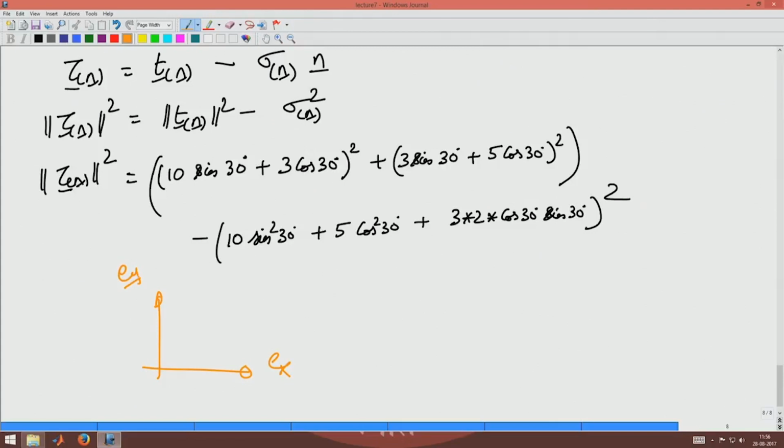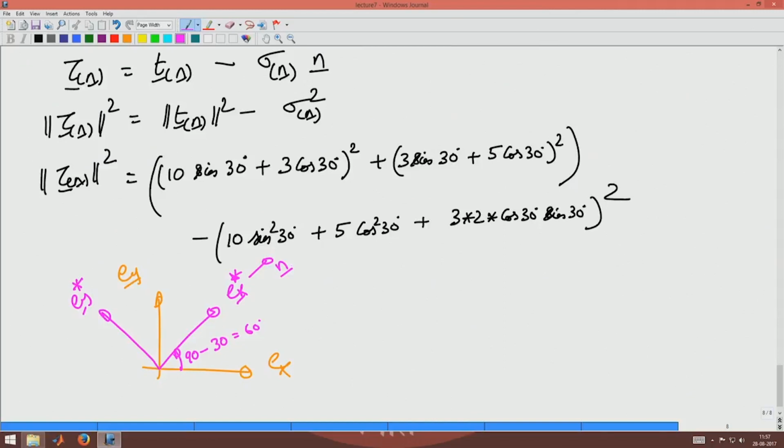Now, what I will do is rotate these axes to Ex star, Ey star, where this angle would be 90 minus 30, which will be 60 degrees, which is what the normal makes with the horizontal axis.